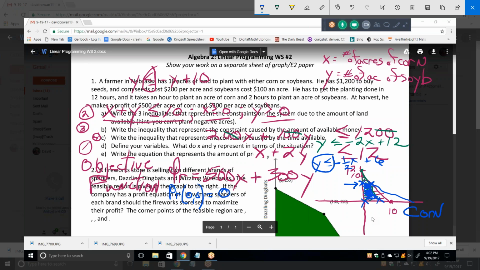So corn is none. Soybean axis. So no corn. Okay. So the profit from 0 corn, and what's the y coordinate there? We got it from the blue line. 6. Okay.